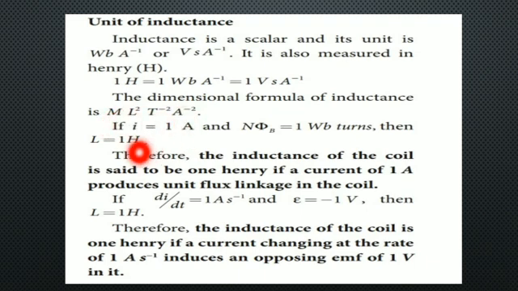Okay students, next, if the current is 1 ampere and the total flux nφ is equal to 1 Weber turn, then the self-induction L is equal to 1 Henry. Therefore, the inductance of the coil is said to be 1 Henry if a current of 1 ampere produces unit flux linkage in the coil.